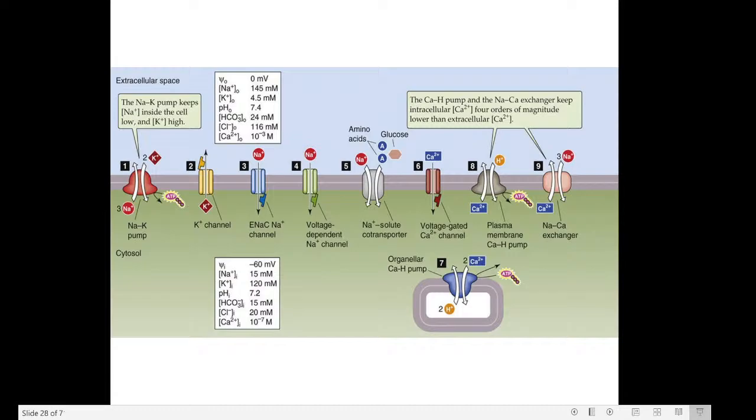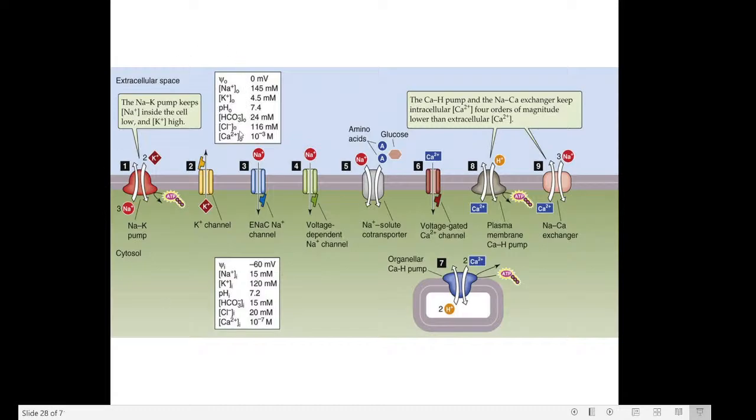In that way, it needs some amount of difference between the extracellular surface molecule concentration and the intracellular molecule concentration. It's a very important thing.